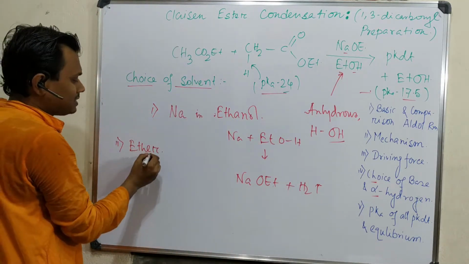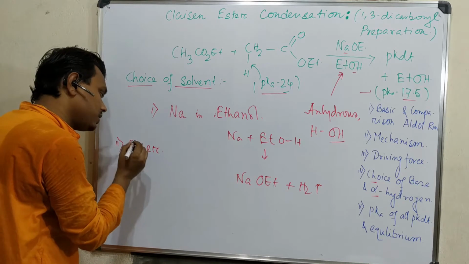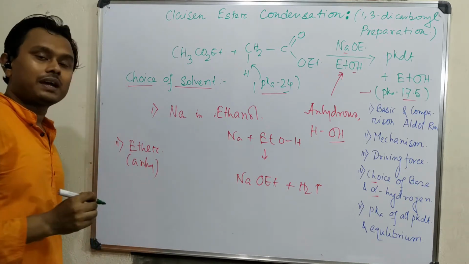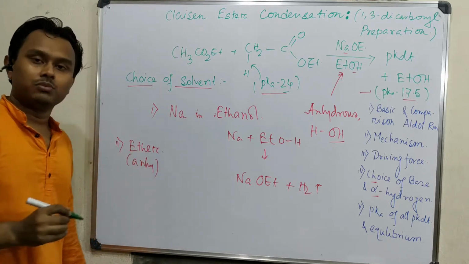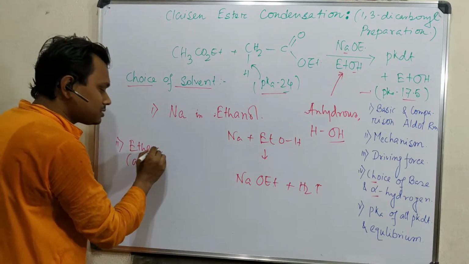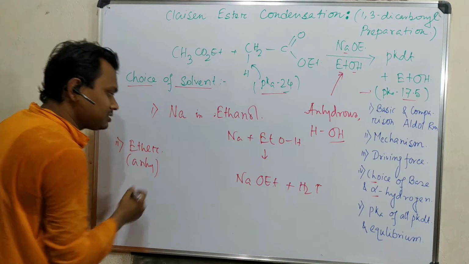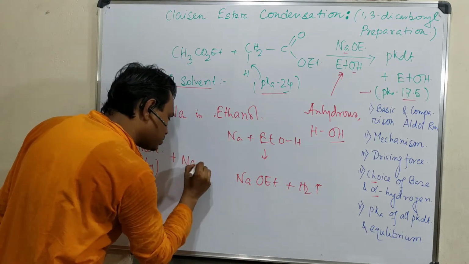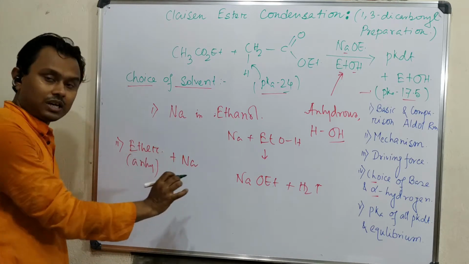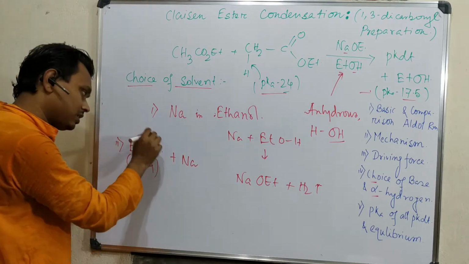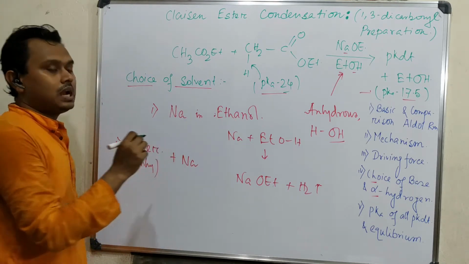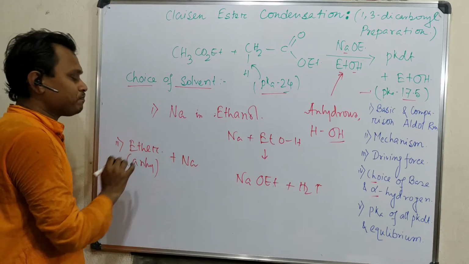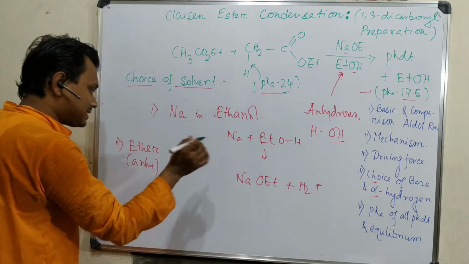For that purpose, ether is a better choice, because it is very easy to get anhydrous ether by reacting ether with sodium, and in this way water is consumed and ether is distilled off. So we can take ether as a solvent, and along with that we can take sodium metal. Sodium and ether don't react. That's why the anhydrous ether preparation procedure is based on sodium plus ether with benzophenone. Okay, that's different.